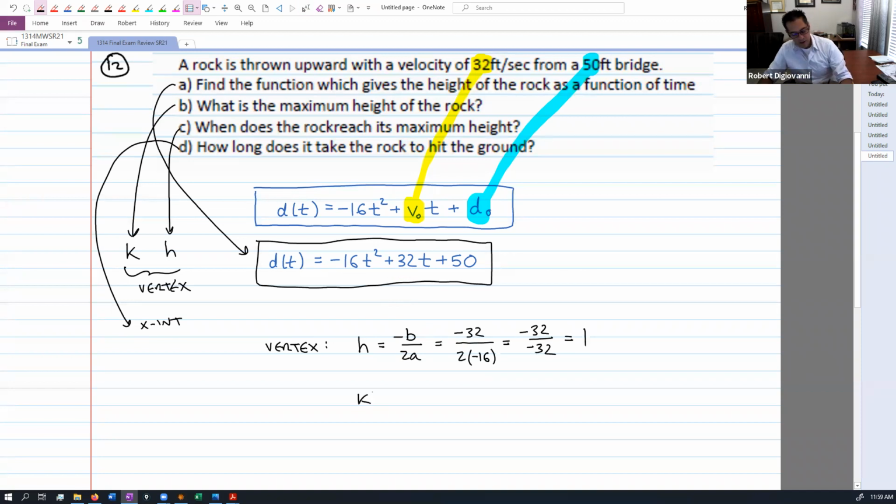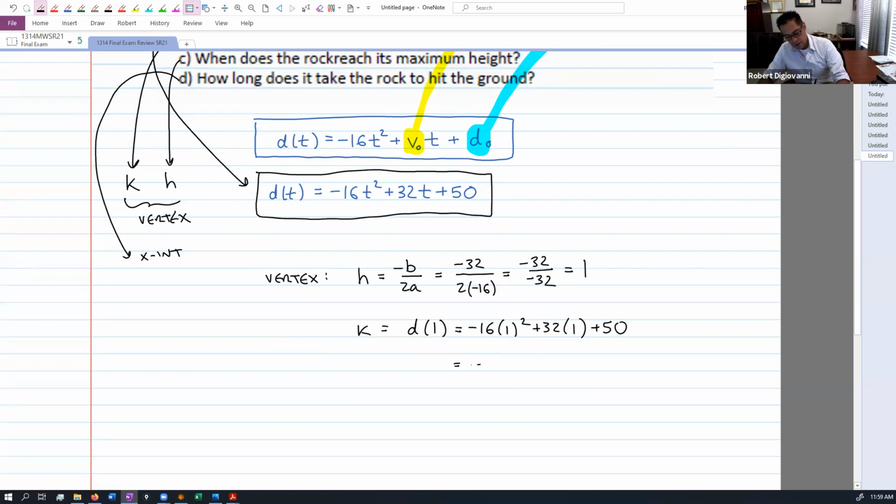And then to get K, we plug 1 into this function. So we get -16 times 1 squared plus 32 times 1 plus 50. So you should get -16 plus 32 plus 50, which gives you 66.